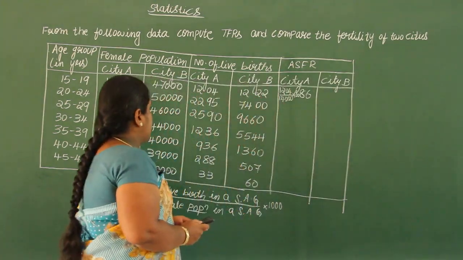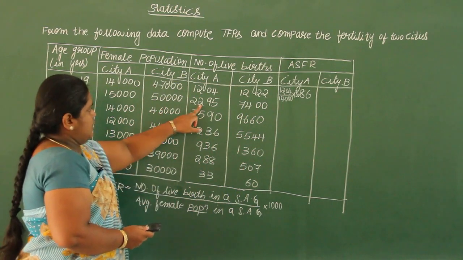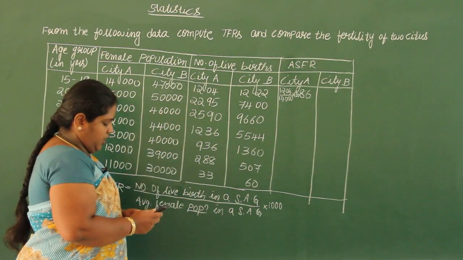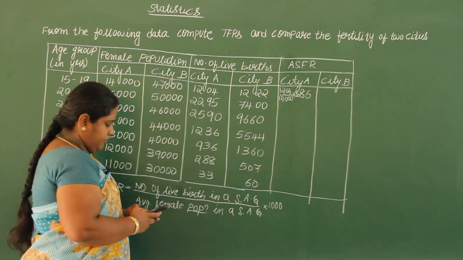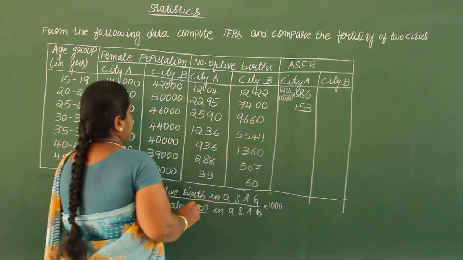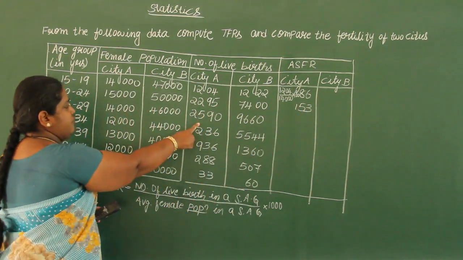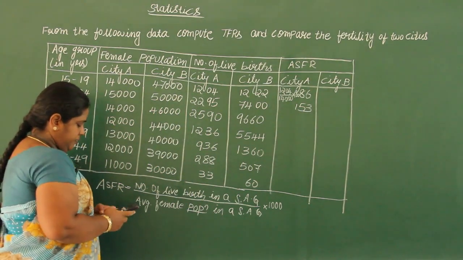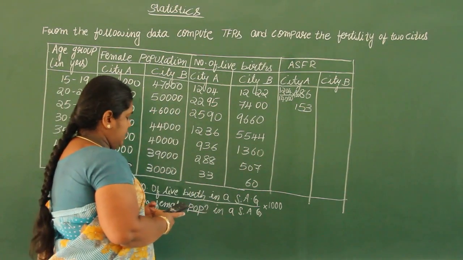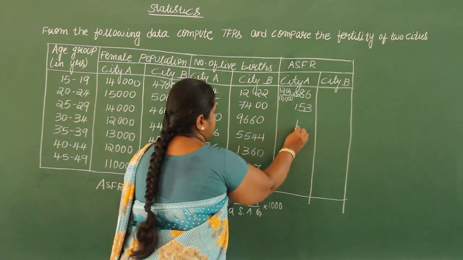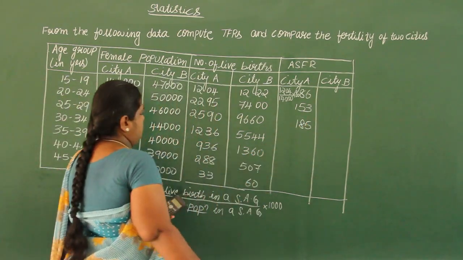Now do it for the second one. The second one is 2,295 divided by 15,000, it is 153. Next, third one, 2,590 divided by 14,000 into 1000, it is 185.